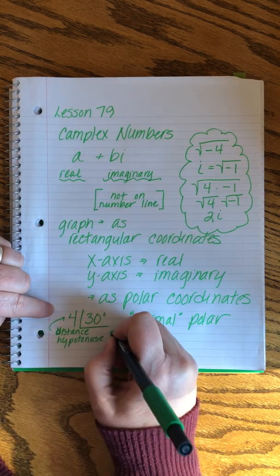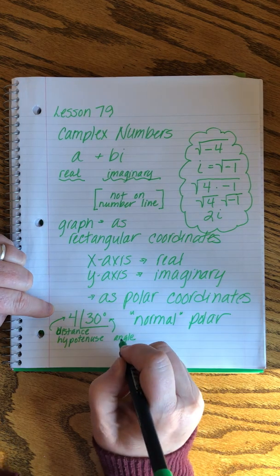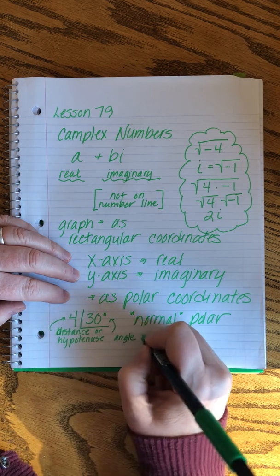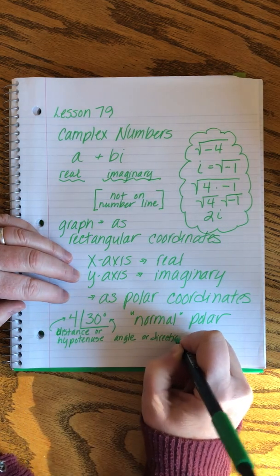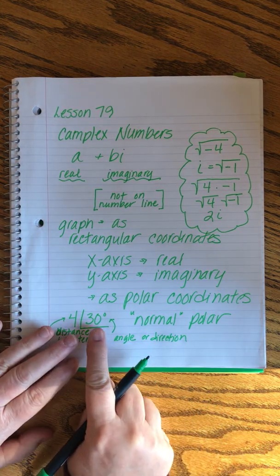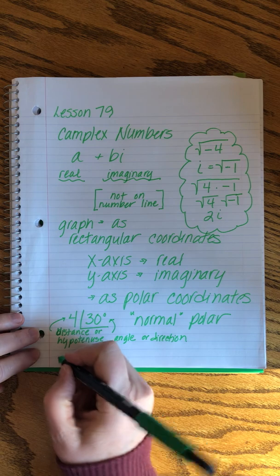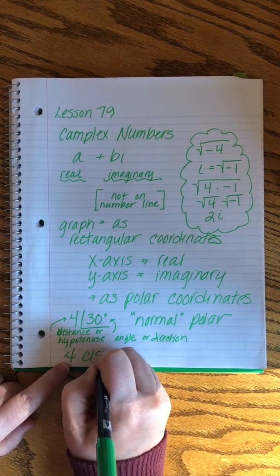That's this part. This part is the angle, and sometimes we call it the direction. They mean the same thing, it's just two ways of looking at it. And what we learned is that the numbers mean the same thing, but we write it slightly differently. We write it with this weird little word in here.